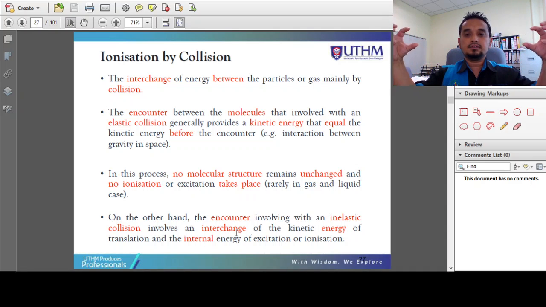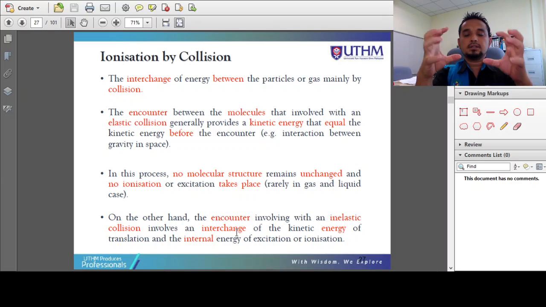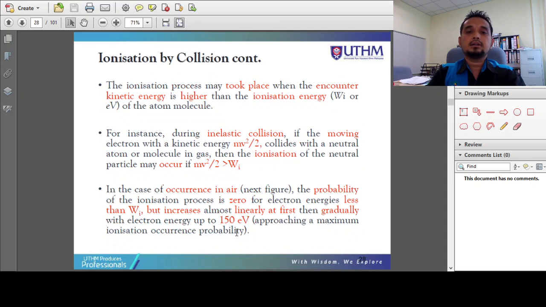The total kinetic energy from this movement will be totally transferred to the electron within the molecule. That will promote the progress of the ionization. There is a slight difference between elastic and inelastic collisions.